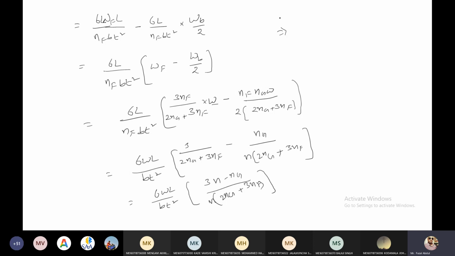So simplify again. 6WL by BT square, three into (NF plus NG) minus NG, by N into (2NG plus 3NF), NF.